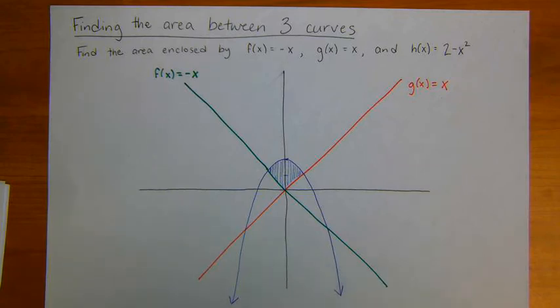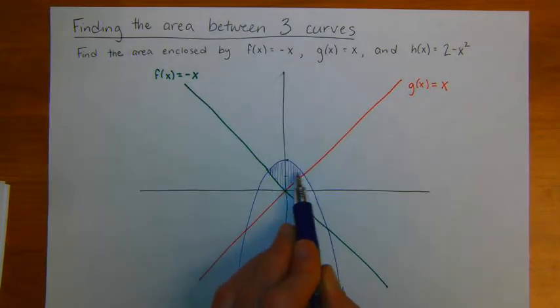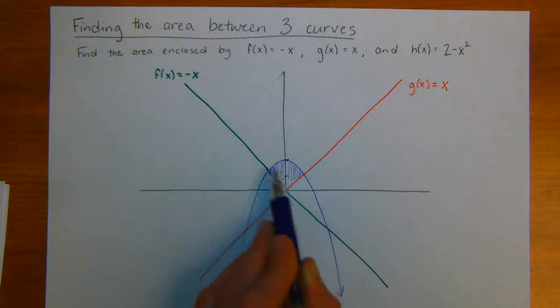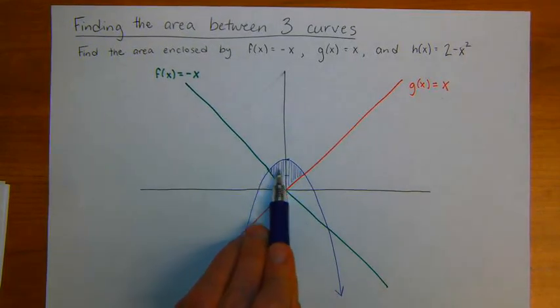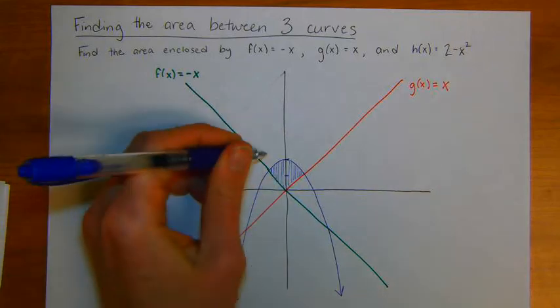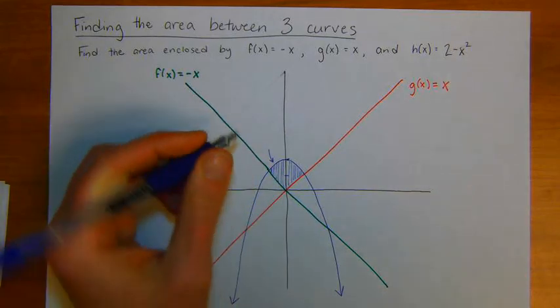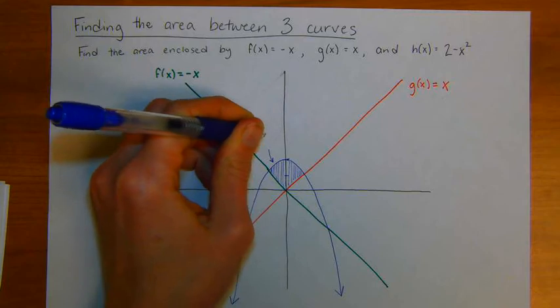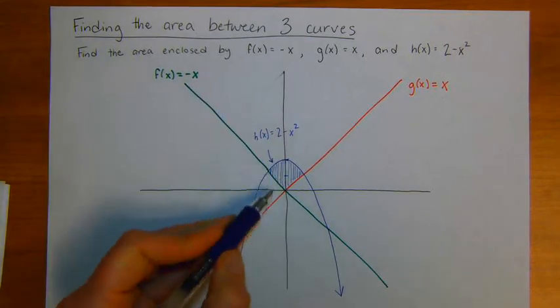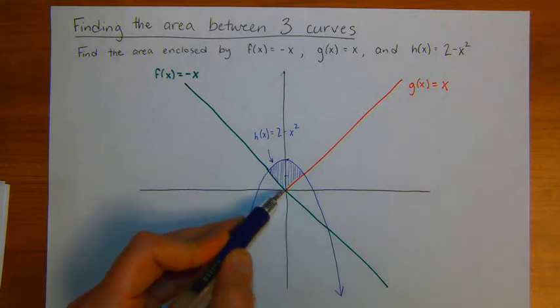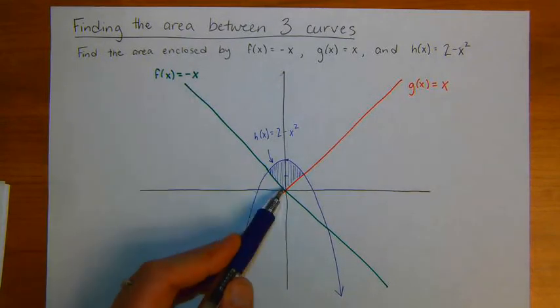Now the key thing to notice is that depending upon where you are along this curve, your top and your bottom functions change. So notice that for the left half of this region, the top curve is our green curve, our h of x curve, 2 minus x squared, and the bottom curve is the green curve, f of x equals negative x.